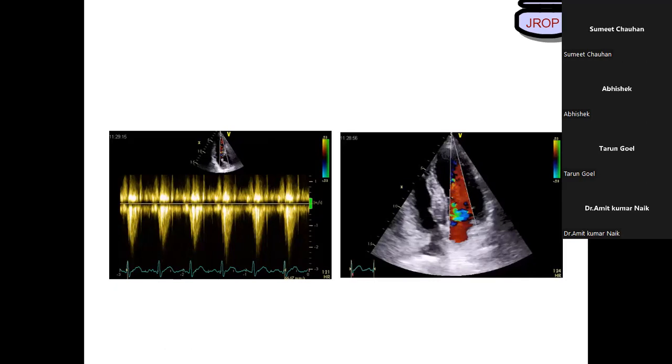Tarun, these are basic questions. Once you see these patients in echocardiography, if you happen to miss them, they really make a lot of difference, because that is what practice depends on.